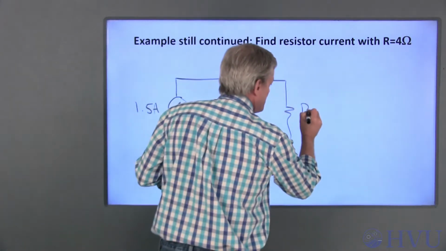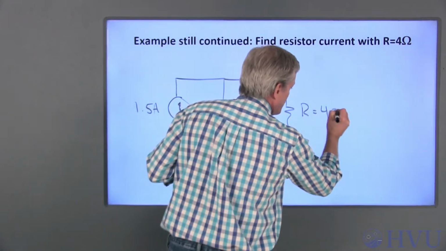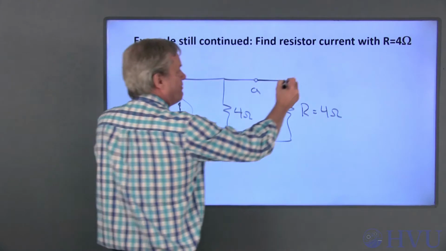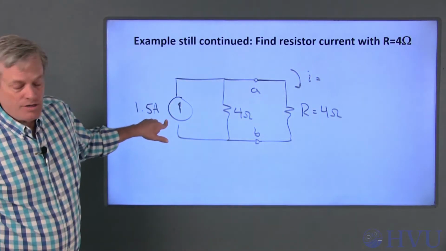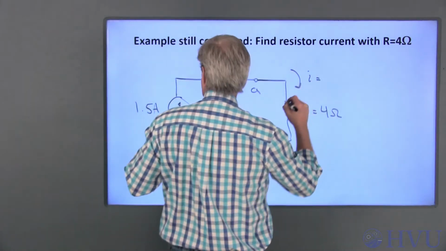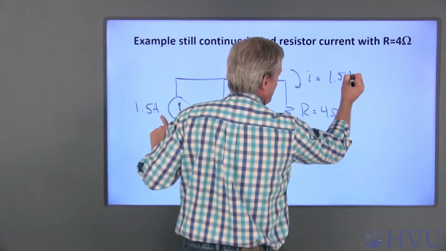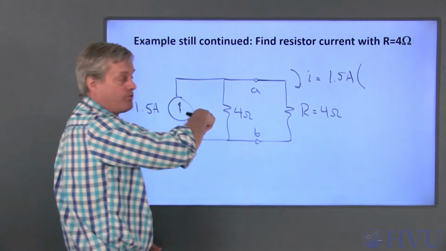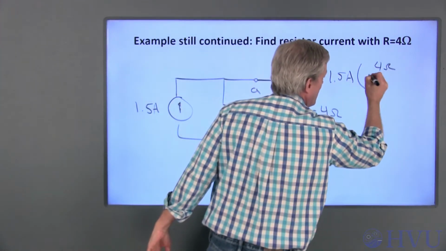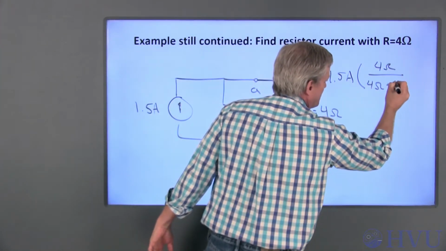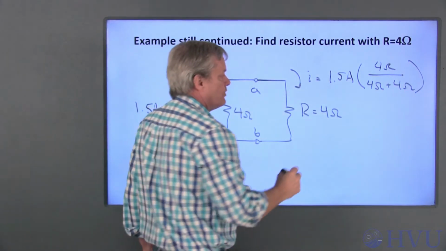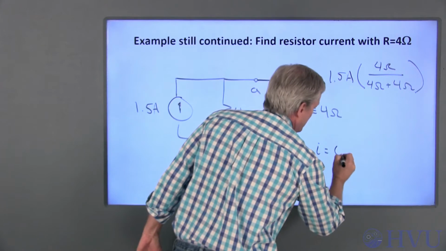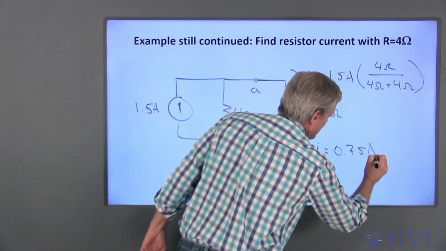This is my load resistance R, which I say is 4 ohms. And I want to find this current. This looks like a current divider now. So I is equal to the total current, 1.5 amps, times the other resistance, 4 ohms, over the sum of the two resistances. So I is 1/2 of 1.5 amps, so I is 0.75 amps.